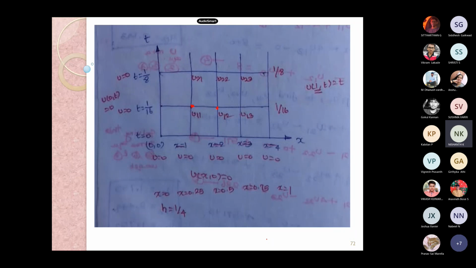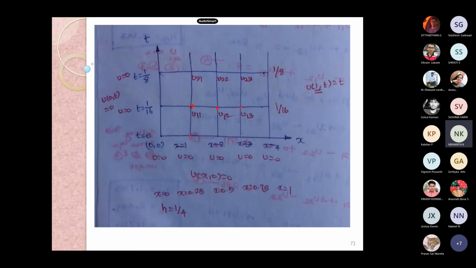u11 minus u11 minus u11, plus 4 into 4u1 and 2, and then minus 1 u13 is equal to 0 plus 0.